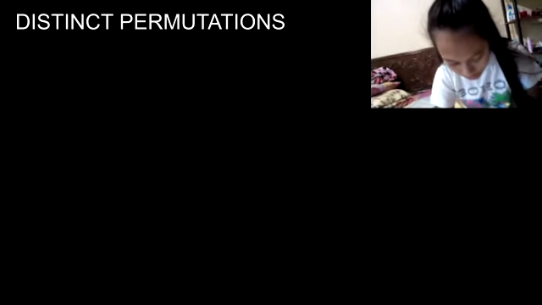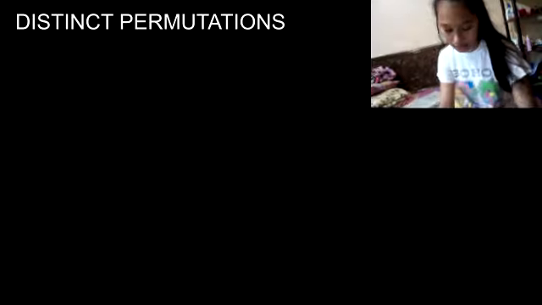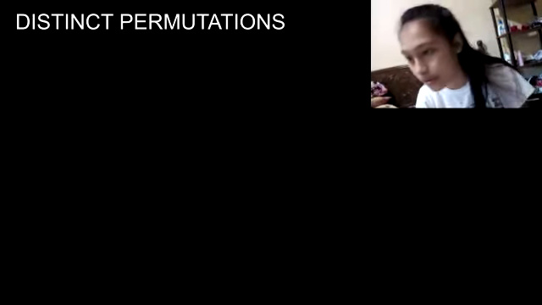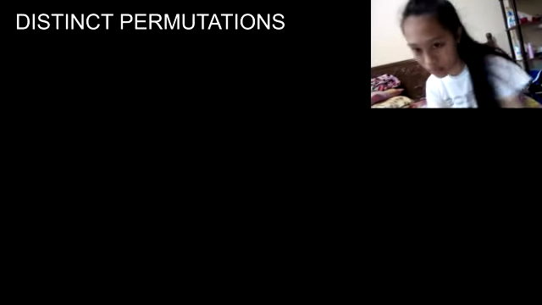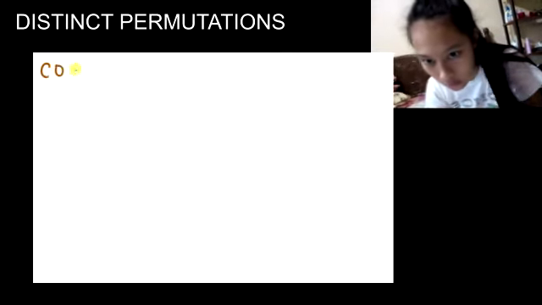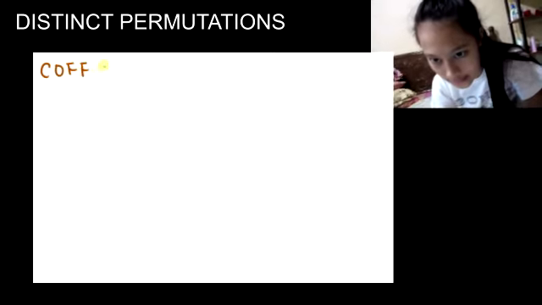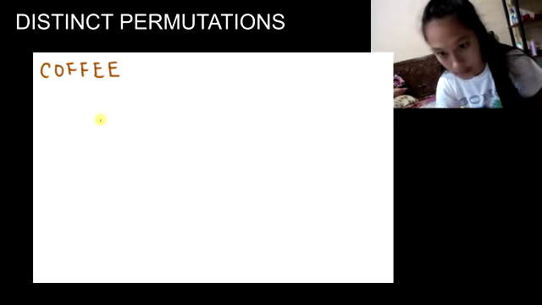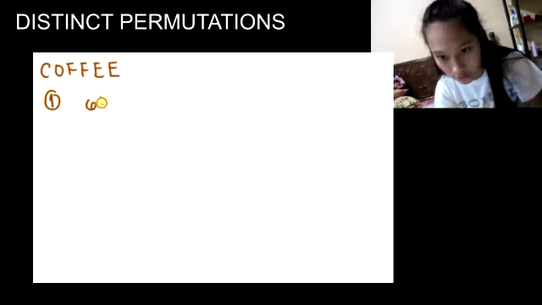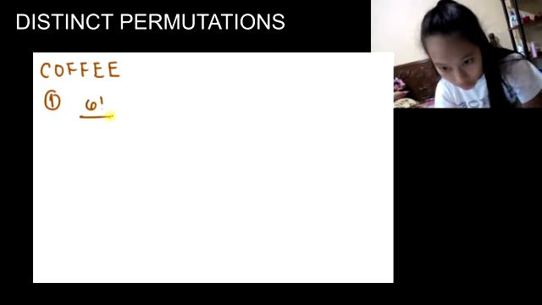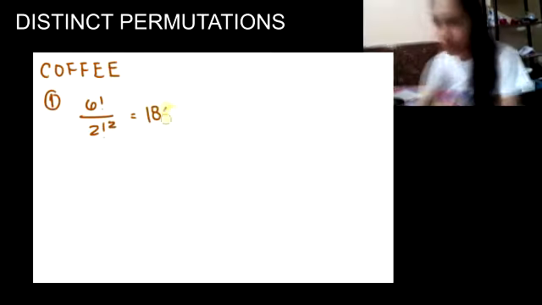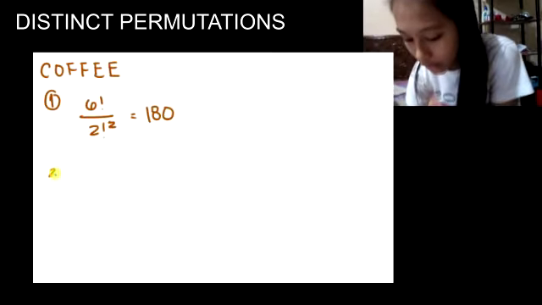We do this by counting the number of permutations of the repeated letters, in this case, F and E. Therefore, we have 6 factorial over 2 factorial times 2 factorial, which is equal to 180.